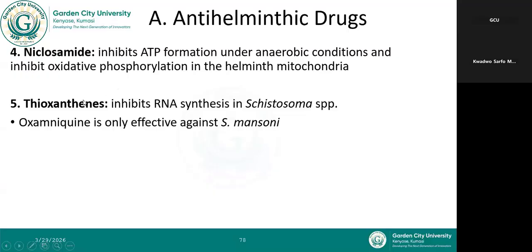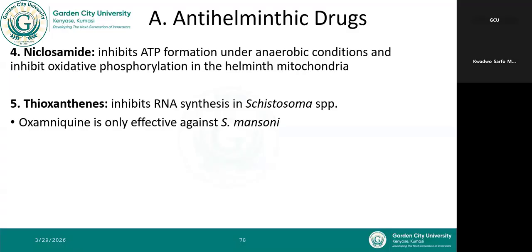Same for the tyrosantins that affect the RNA molecule production. RNA needs to be produced from DNA. So once this is halted, protein synthesis cannot continue. So the genes cannot be expressed.